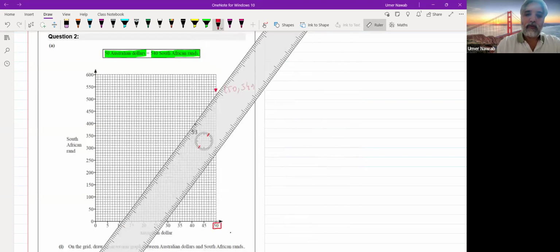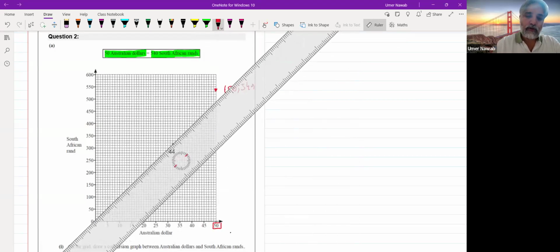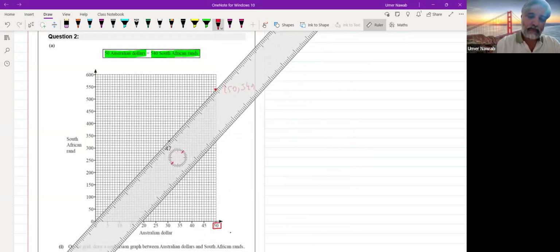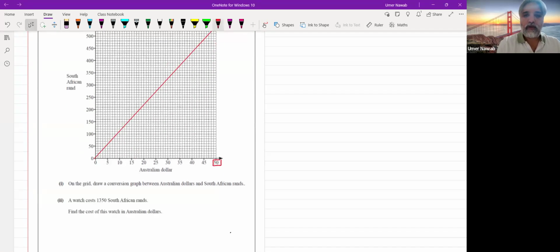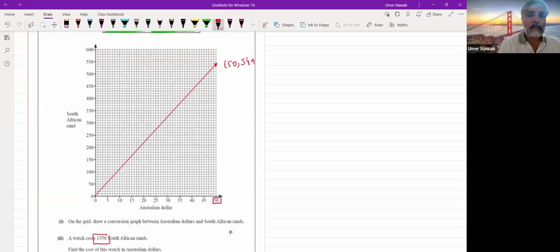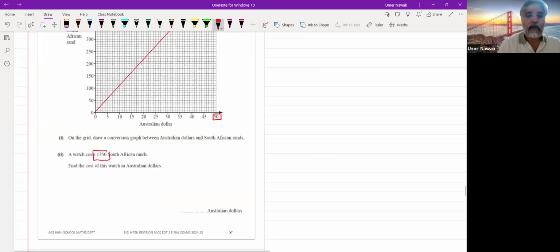Let me draw my straight line from 0. He's asking us 1350 South African rands. Unfortunately, it is not in the scale. I have to use the ratio technique.